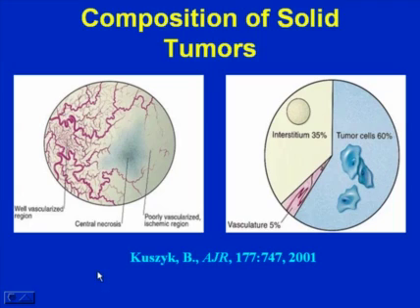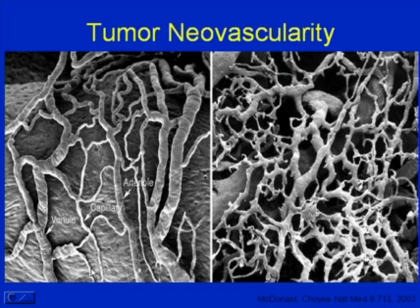Now, tumors have approximately 5% of their total made up of vessels, with, as you can see, 35% interstitium, about 60% tumor cells. And this is a beautiful electron micrograph of the vascularity in normal tissues, with an orderly branching of arteries to arterioles to capillaries to venules, etc. Now look at the tumor.